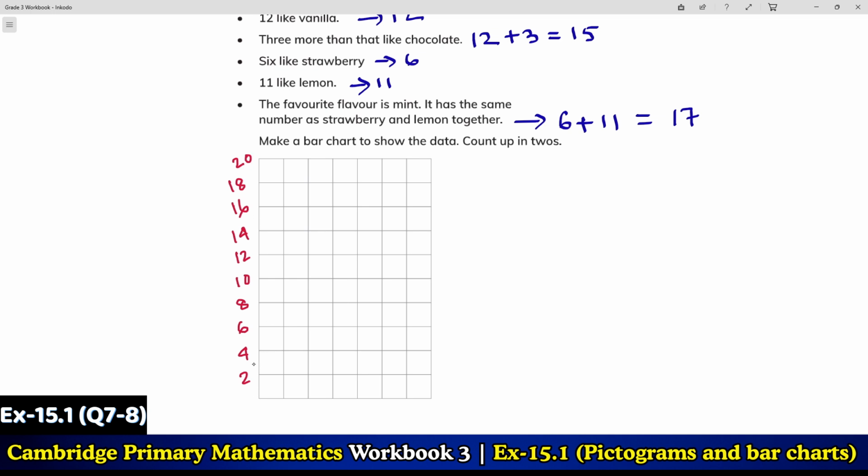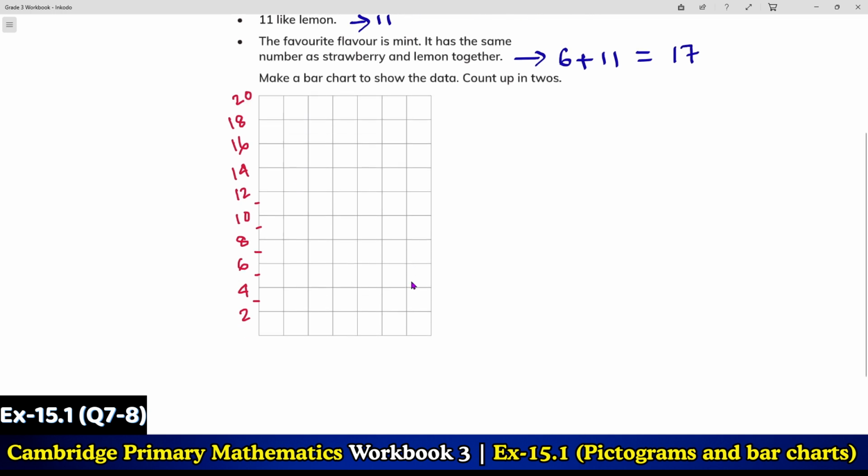In the middle it's like 3, 5, 7, 9, 11 like this. And we can make a title: Favorite ice cream, right? And we can mark this one.